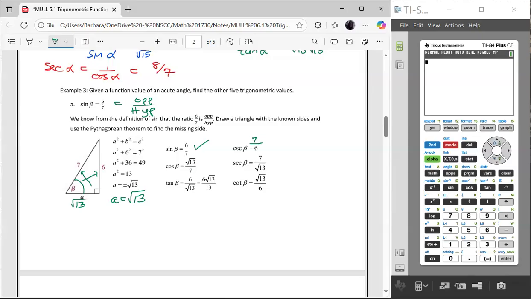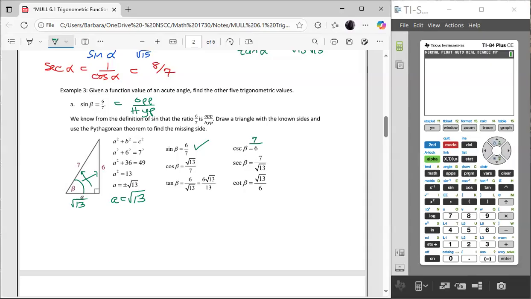Cosine beta is adjacent over hypotenuse. So the adjacent to beta is square root of 13 over 7, which is the hypotenuse. And then the tangent of beta is the opposite of our angle beta. So opposite is 6 divided by square root of 13, which is the adjacent side.